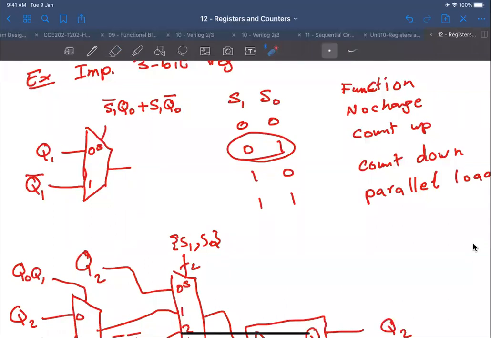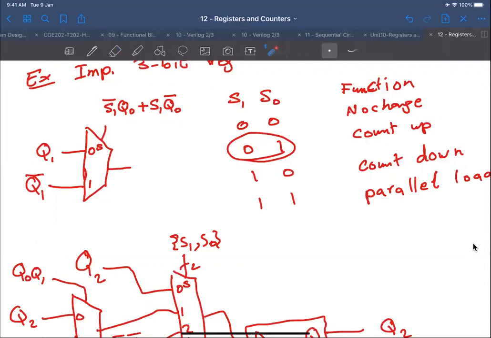Is this clear, by the way? So we are using the same multiplexer for counting up and counting down here, because when S1 is 0 we are counting up, and when S1 is 1 we are counting down.